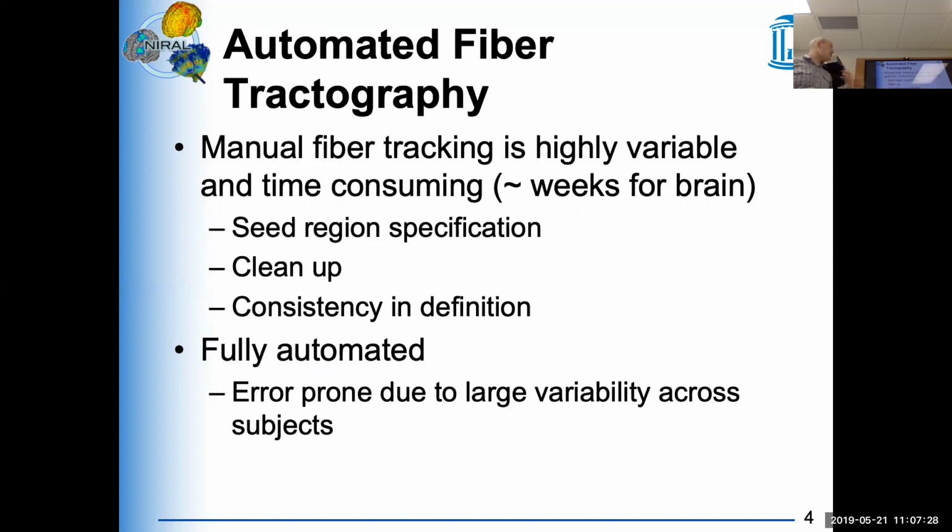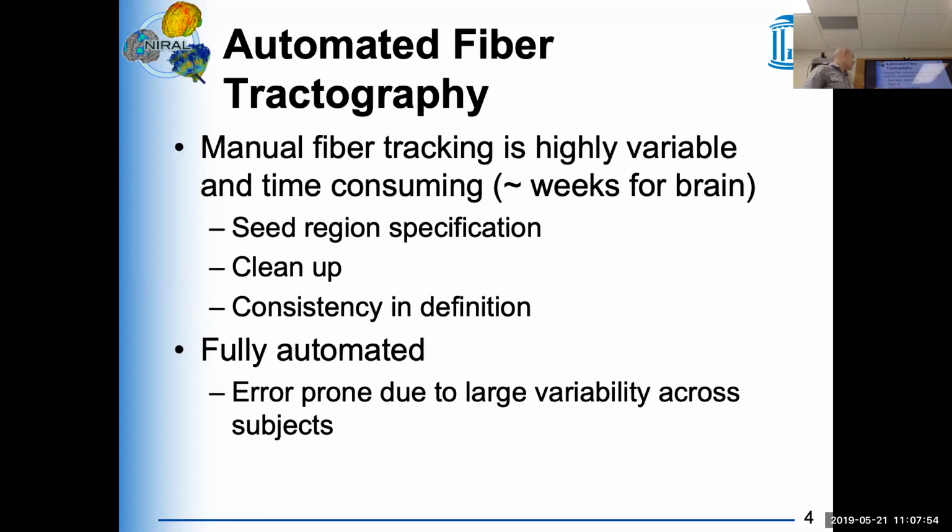The reason why this was so time consuming, and also why it's highly variable across different raters, is that the seed region specification takes a lot of time. And if you do that seed region specification slightly differently, you get a very different tract out of it. Then once you get tracts, you have to clean up those tracts. That's very time consuming and variable.